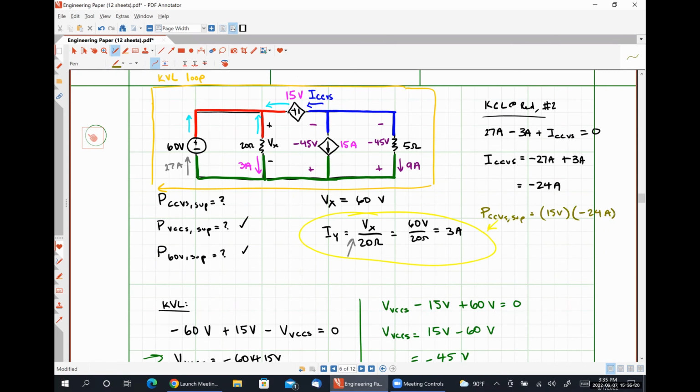And here's a calculator. 15 times -24 is -360. So it is 360 watts.